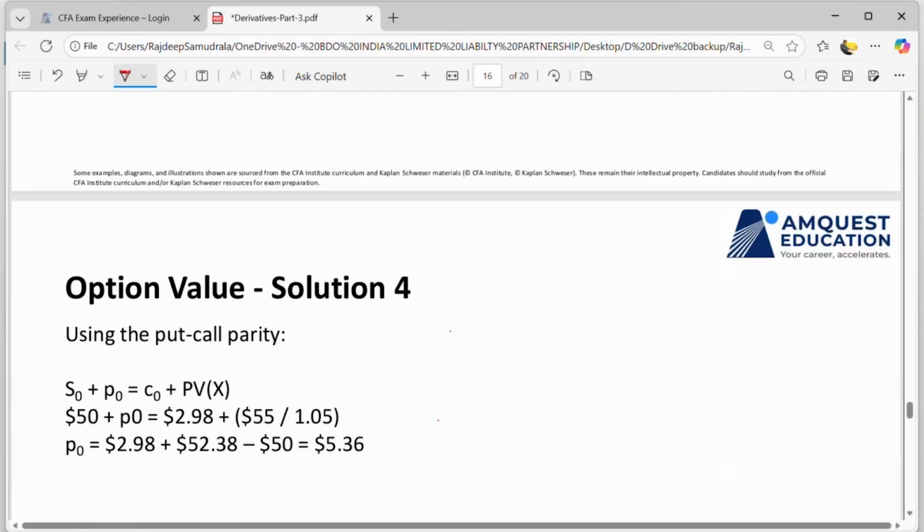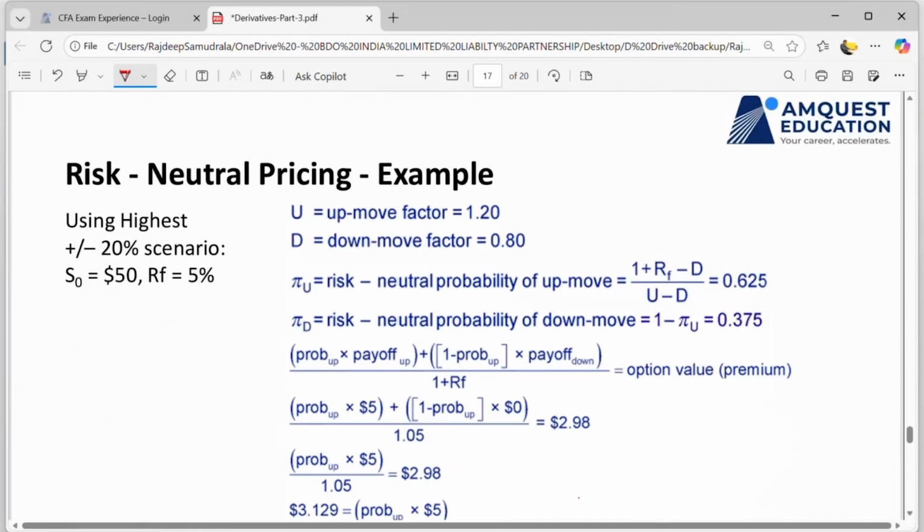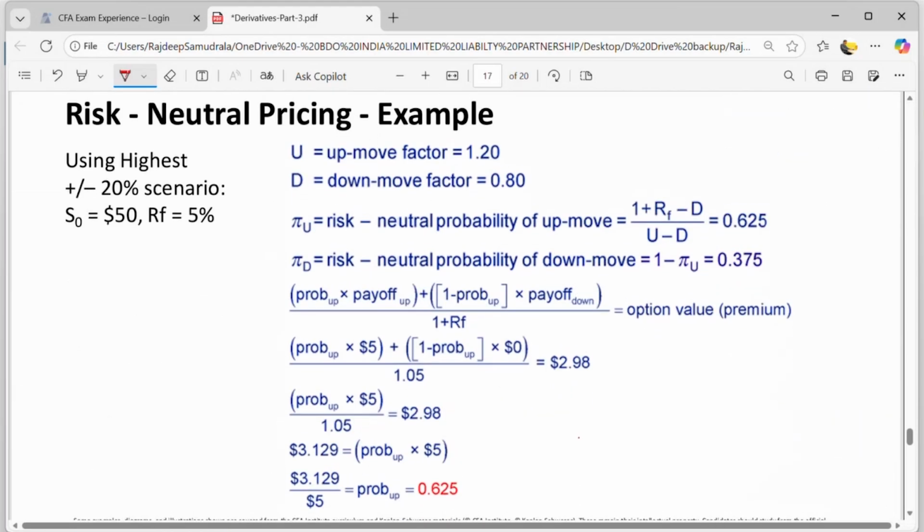Now let's enter the world of probabilities. This is very important, guys. Let's understand this carefully. What you're going to learn now is 2 formulas. First, the scenario for going up and down.